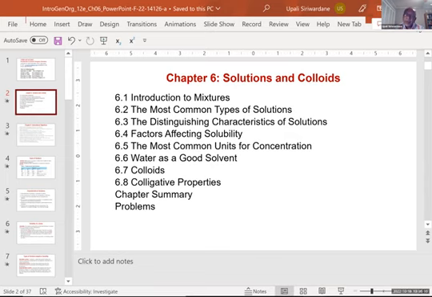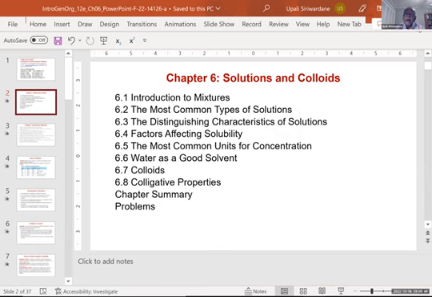Also in chapter 1, we started the classification of matter as homogeneous and heterogeneous mixtures. Matter is present mostly in complex mixtures, a mixture of more than one compound or element, with another different element, or an element and a compound.